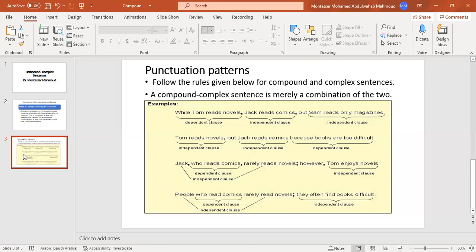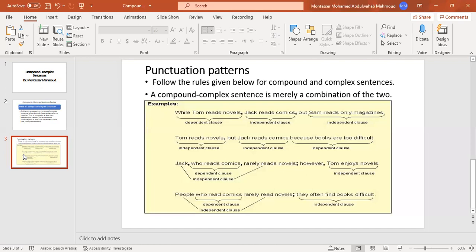Tom is the subject, reads is the verb, and the clause expresses a full meaning, a complete idea. So this is an independent clause. Jack reads comics. Jack is the subject, reads the verb, and it expresses a complete idea. So this is another independent clause.